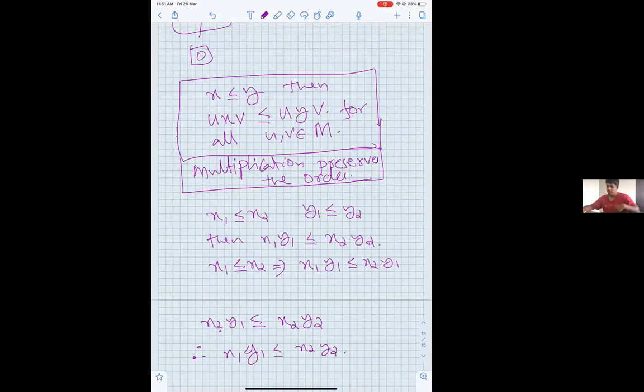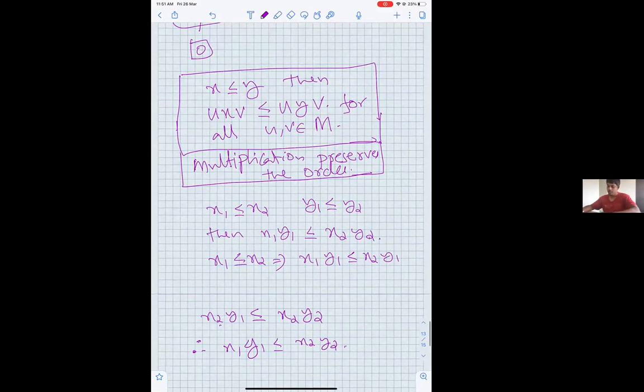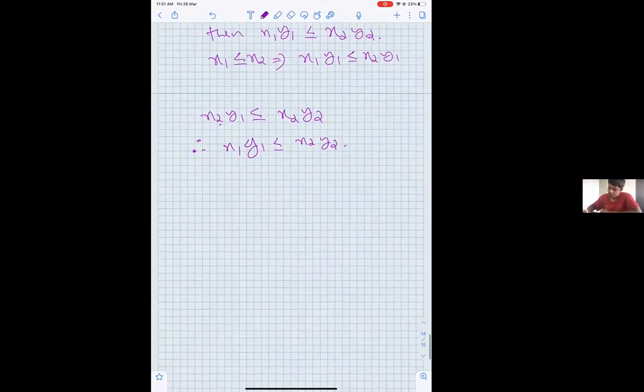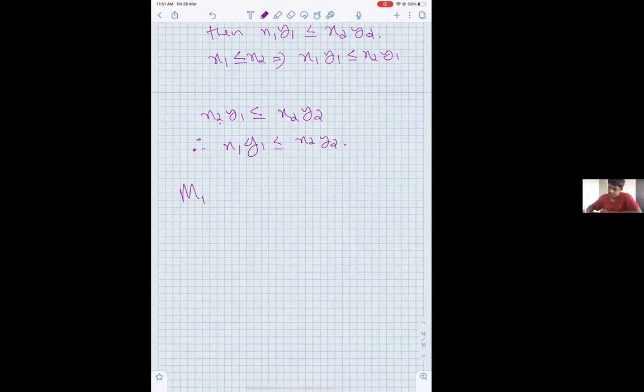Okay. So now, if I have two ordered monoids, M1 with less than or equal to 1 and M2 with less than or equal to 2, what is a morphism between them? Ordered monoid morphism. All these things carry over for semigroups also.